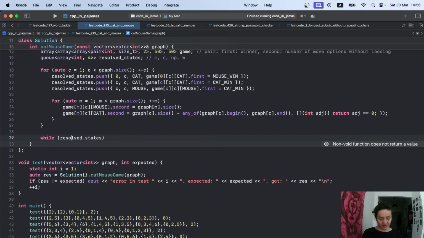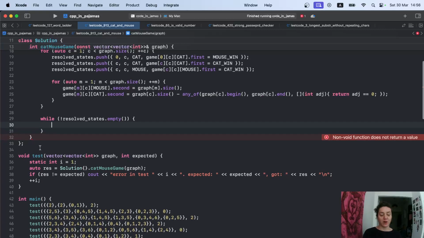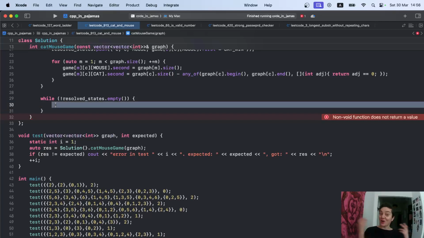In this loop, we'll take resolved states one by one, and try to deduce for the one-step BFS of the states that led immediately to it. And if one of the states that we resolve in here will be our goal state, we will return. We don't need to continue.